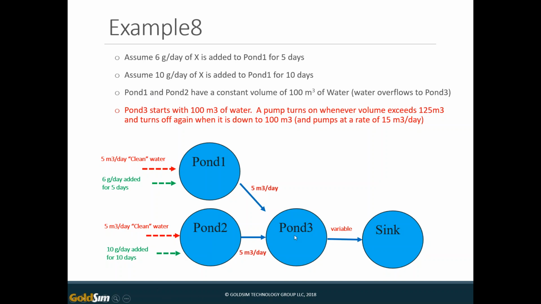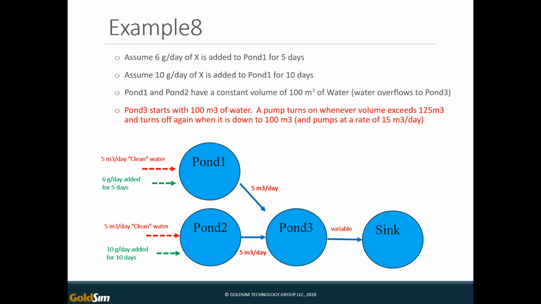But pond 3, I'm going to say, well, I'm going to manage that pond. I have a pump in that pond. And here's what I'm going to do. I'm going to say that pond 3 starts with 100 cubic meters of water. A pump turns on whenever the volume exceeds 125, and it turns off when it goes to 100. So you can imagine the pump just turns on.